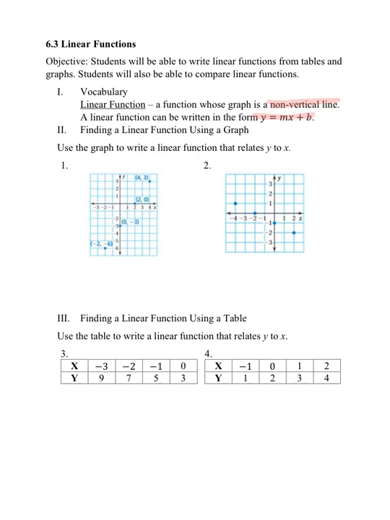So when we are using a graph to write a linear function, I'm going to use y equals mx plus b, and I'm going to see what my slope of this line is and what my y-intercept is. My slope, using simple rise over run, 1, 2, 3, 1, 2, is 3/2 x, and my y-intercept is right here at -3.